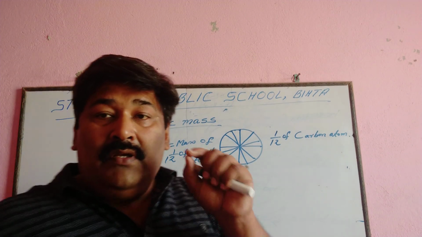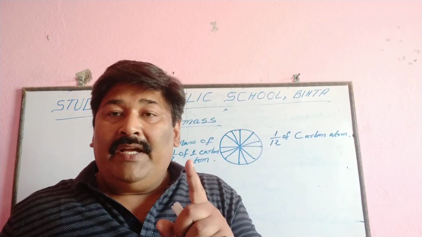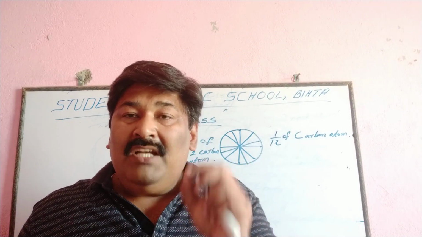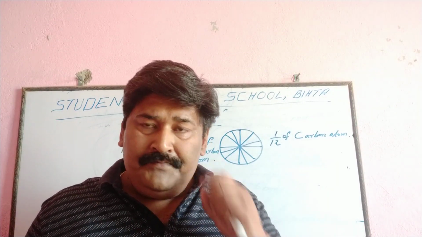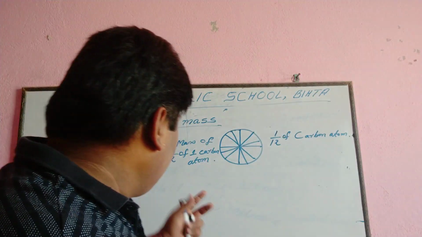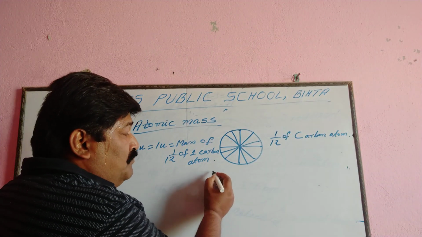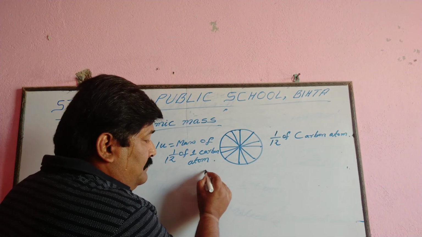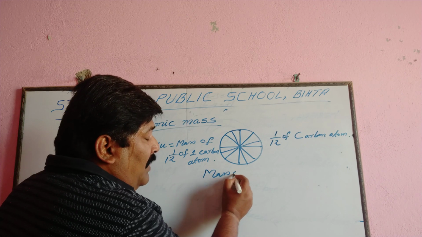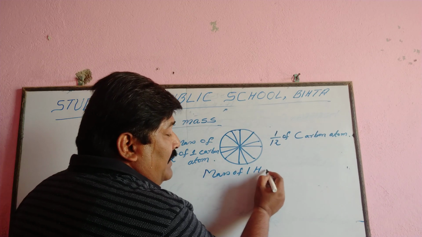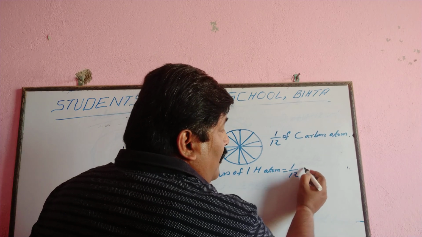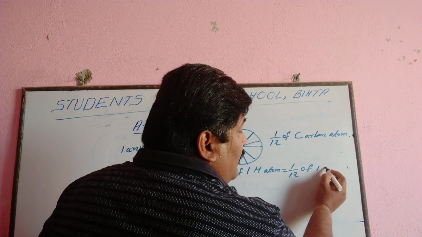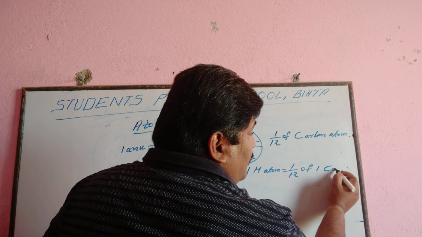What is 1 unit? 1 unit, 1 unified mass, mass of 1 by 12 part of 1 carbon atom. Okay? Now, if we take mass of hydrogen, the mass of 1 hydrogen atom is equal to 1 by 12 of 1 carbon atom.